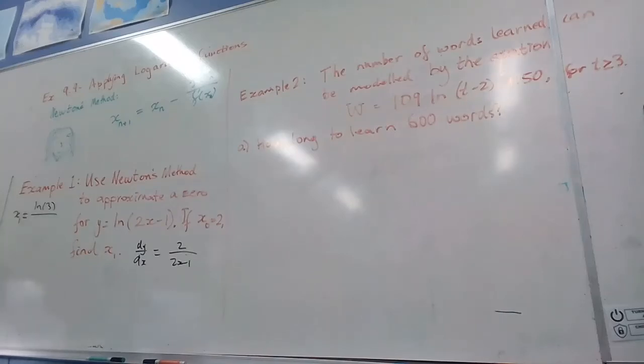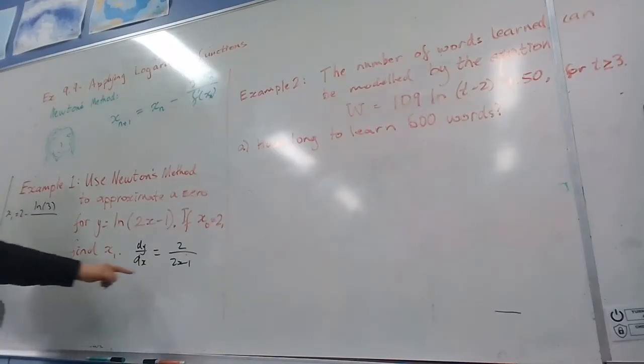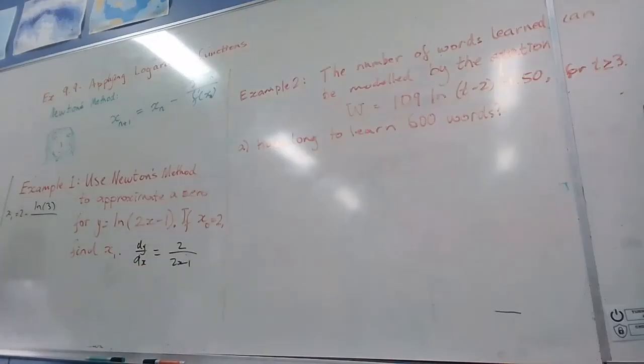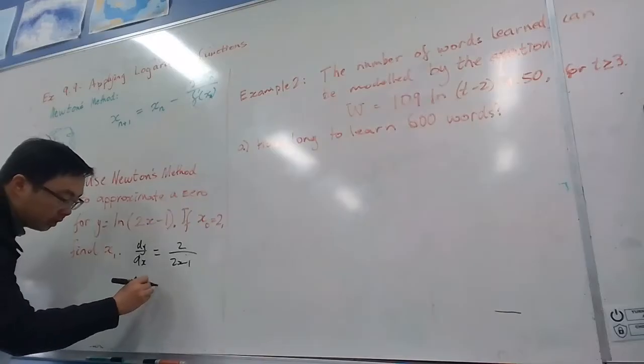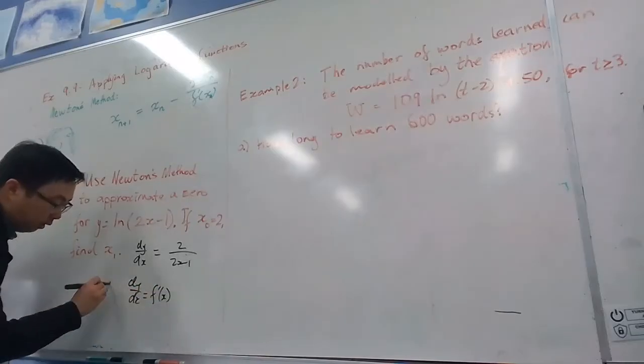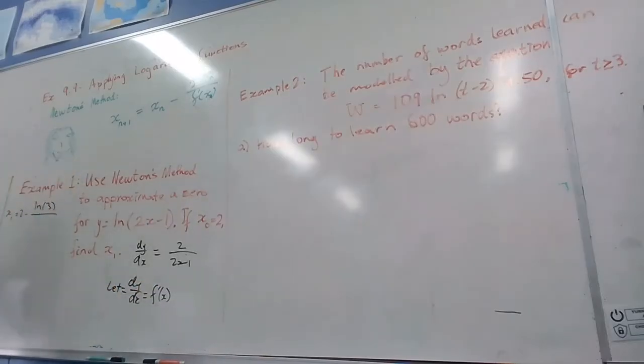For x1, isn't it supposed to be 2 minus? So we're going to continue and we're going to put that in there. Substituting my value, I know that dy/dx, which in this case I'm just going to write, let dy/dx equal f dash of x.